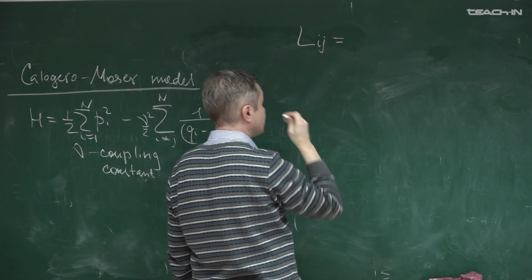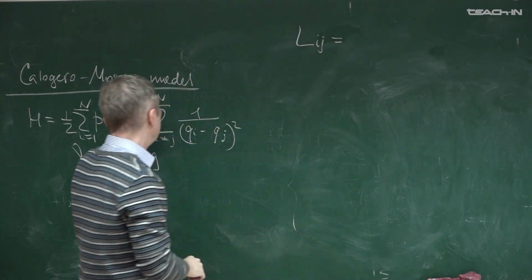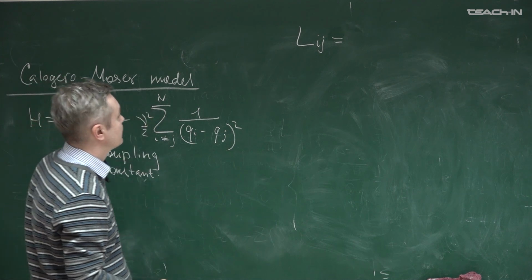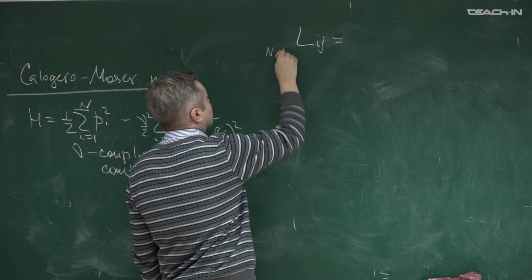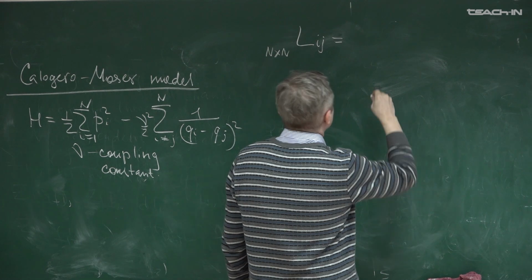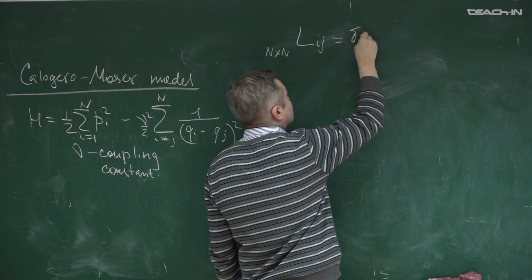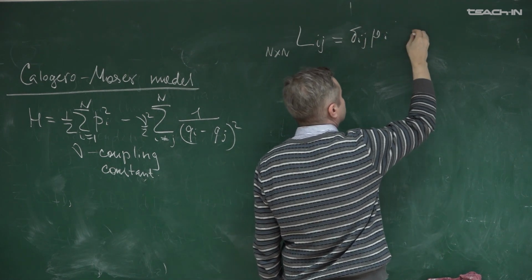Matrix elements of this matrix, it is a matrix n by n, where n coincides with the number of particles. N by n matrix. And it is given by the following expression.